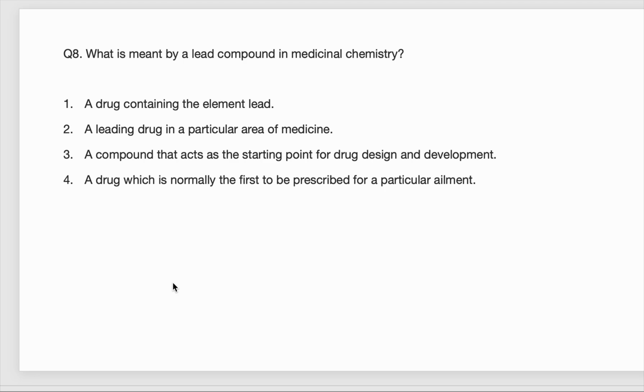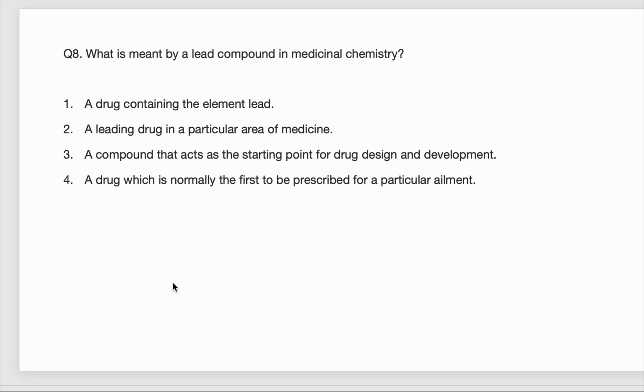So the correct answer is a compound that acts as a starting point for drug design and development. A lead compound is the one that shows some kind of activity around which we plan; it's basically the active scaffold that gives the drug its activity.